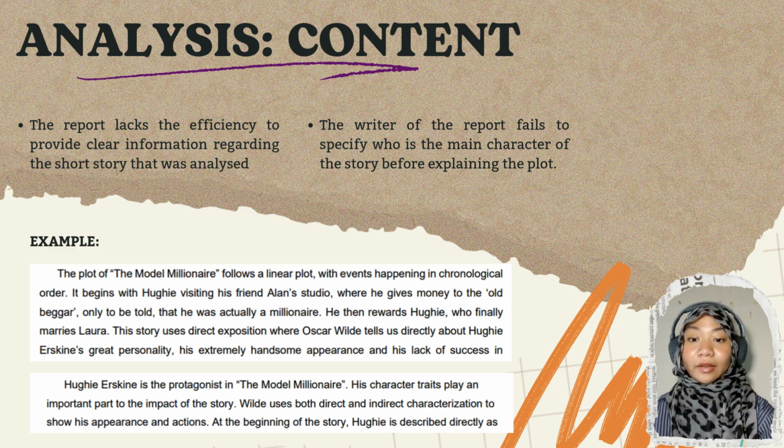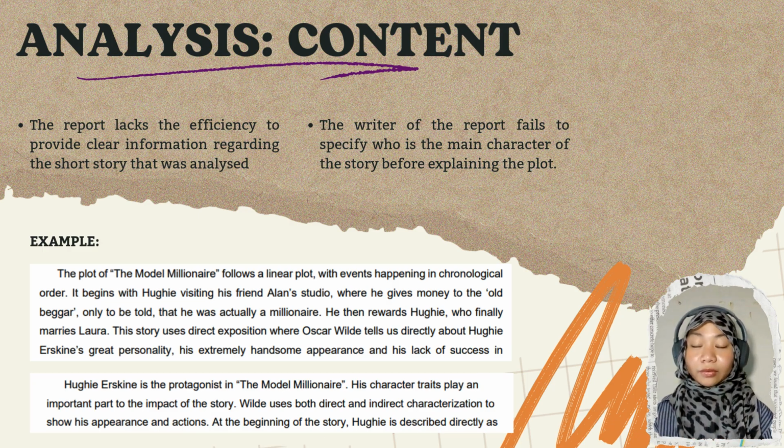Because if you take a look at the example here, the first paragraph was talking about the plot itself, and then onto the next paragraph, she talked about the protagonist, which is not suitable because then the audience wouldn't know who is actually the protagonist before reading the second paragraph.